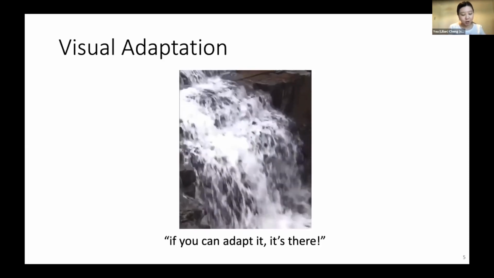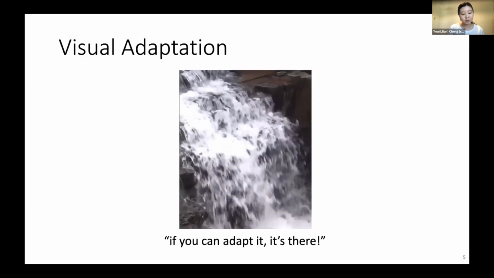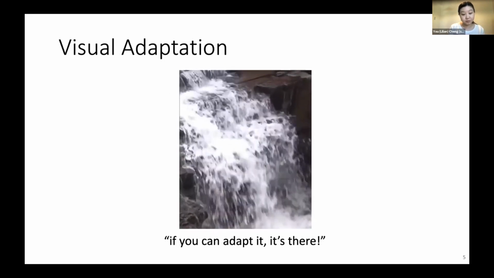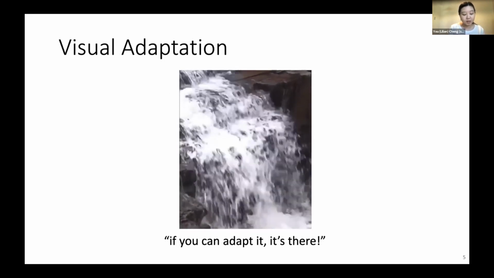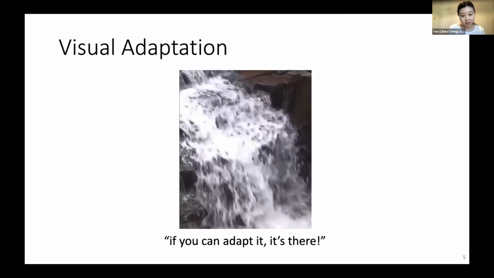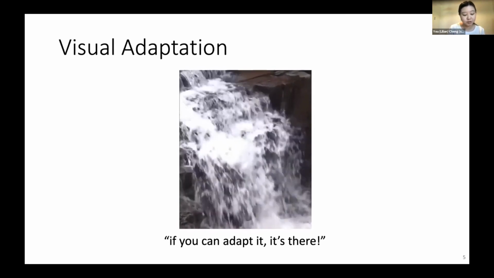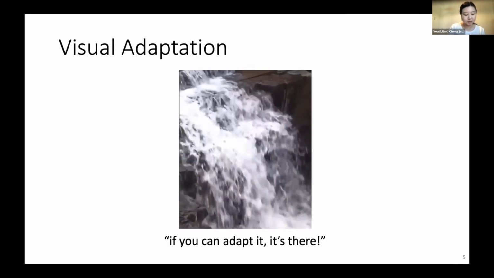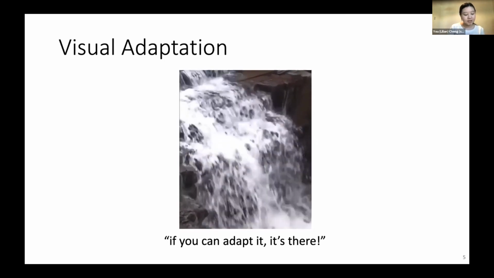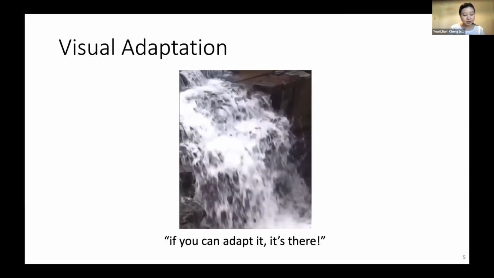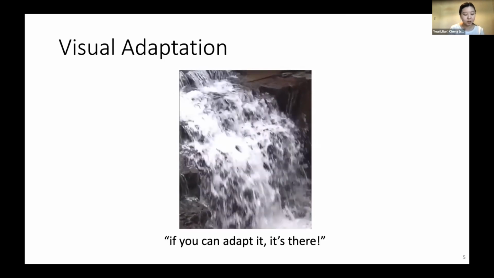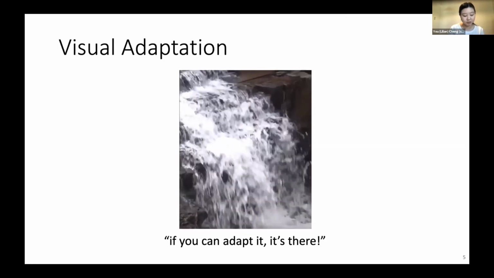To test this, we adopted a visual motion adaptation paradigm, much like the waterfall illusion, which you can try yourself by staring at it. In motion adaptation, neurons selective for visual motion features adapt to visual stimuli that correspond to their selective firing properties after prolonged exposure. This adaptation often results in a decrease in the neuron responsiveness to the same stimuli compared to an unadapted response.